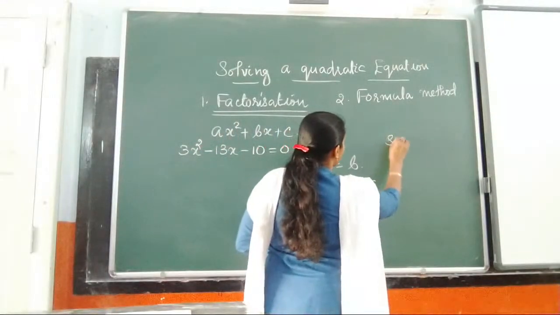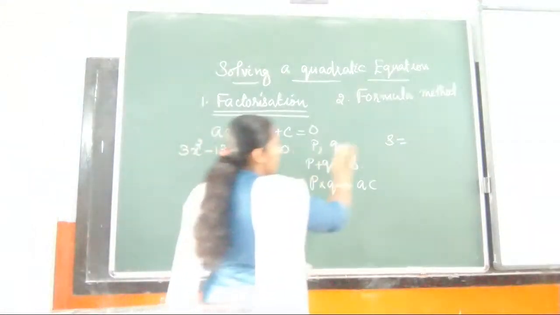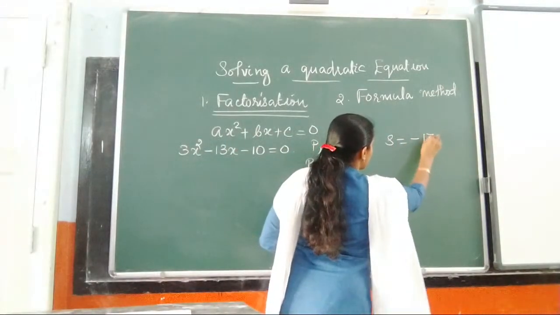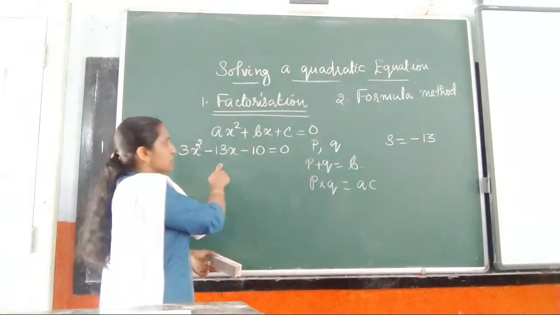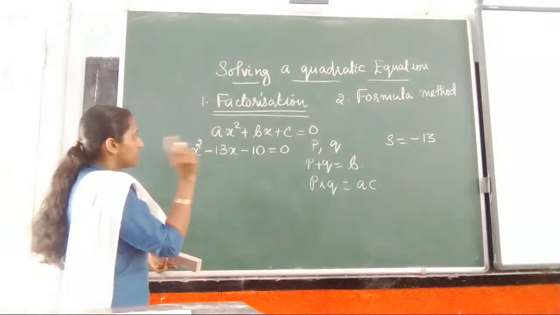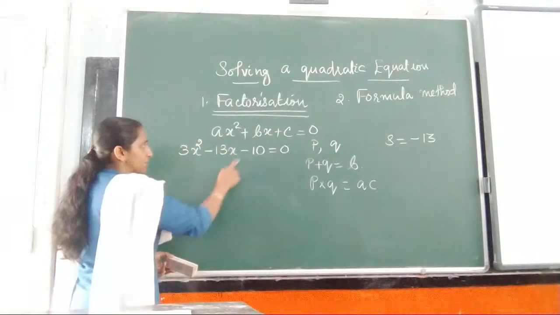What is the sum of the two numbers? Sum of the two numbers is minus 13. Have you seen the middle term? Middle term is minus 13. So find out the two numbers whose sum should be the middle term coefficient.